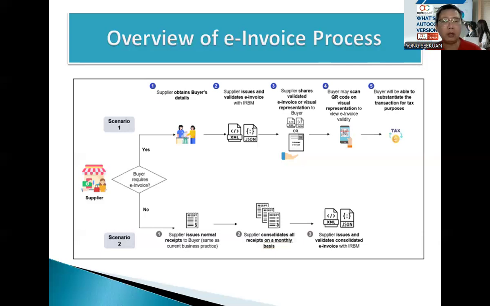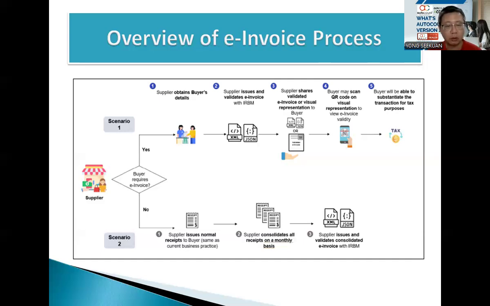But the second scenario is when the buyer does not require the invoice. What does it mean? Like when you go to a supermarket or mini market, you won't provide your tax information, like your TIN number, to ask them to issue the invoice.